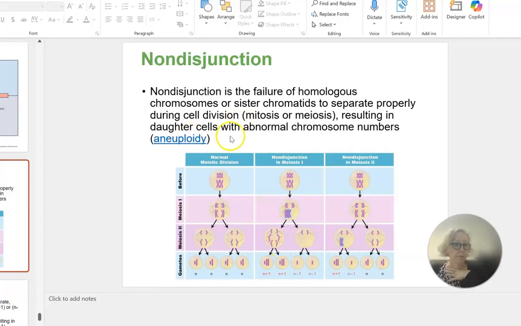Non-disjunction. Remember, this is the failure of the homologous chromosomes to separate properly. Okay, normally it should look like this, right? But very often you will get 3 where there's supposed to be 2, or you will get 1 where there's supposed to be 2.